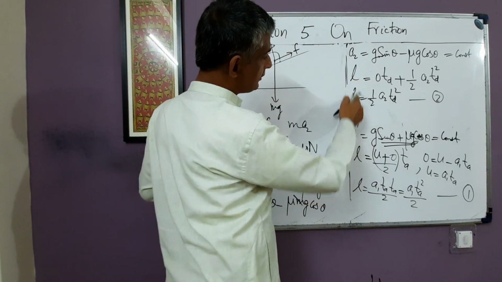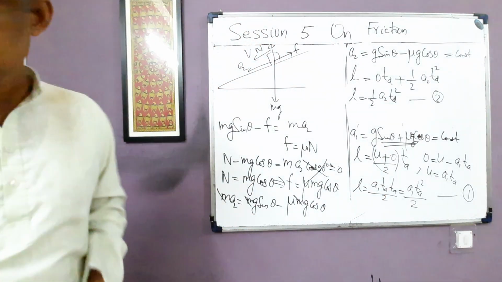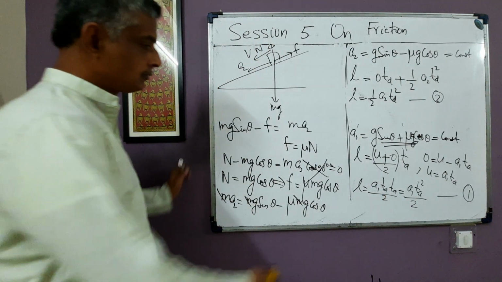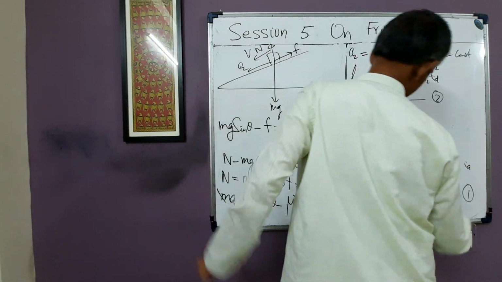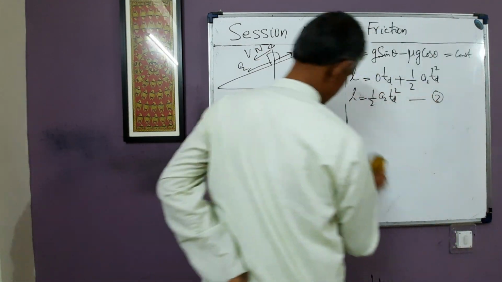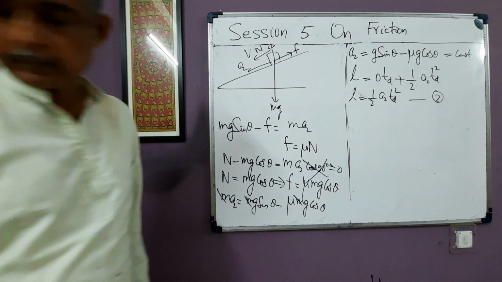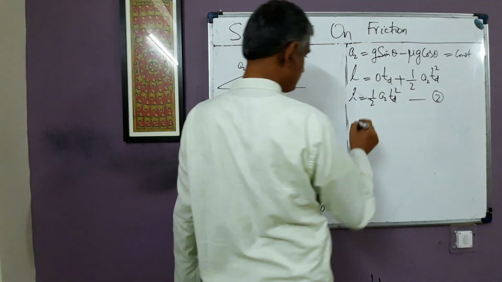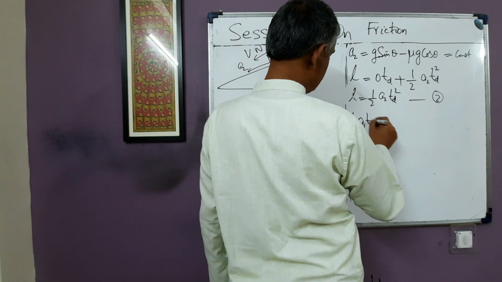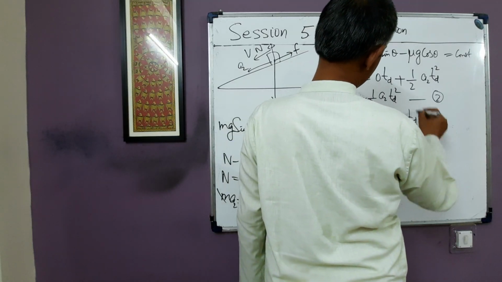So from the first and second equations we see that they are both L, so these two should also be equal. Equating these two, half A1 Ts square equals half A2 Td square.